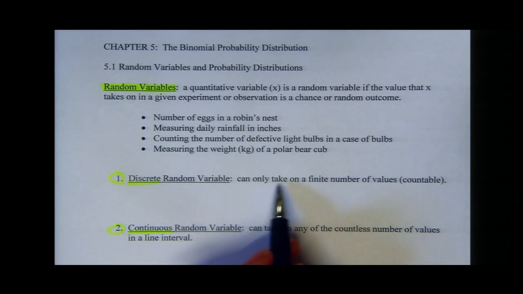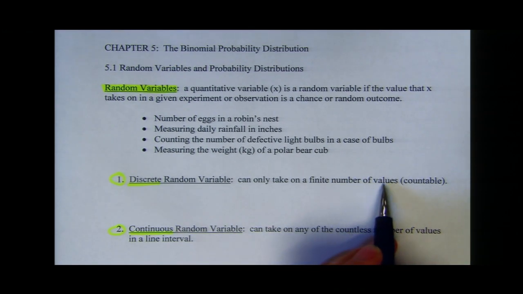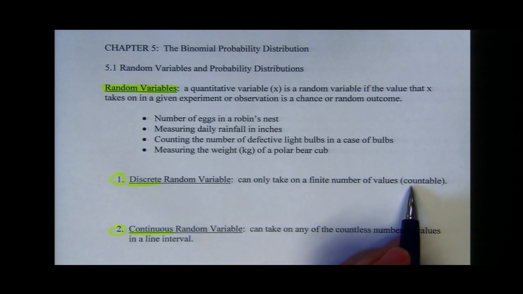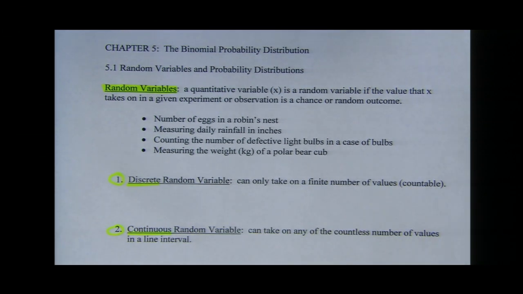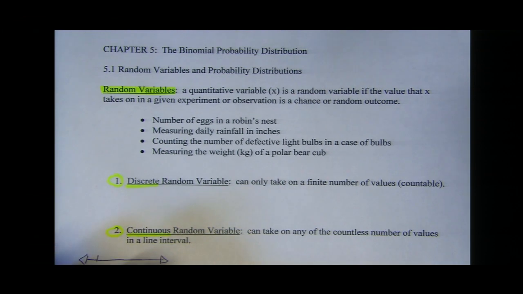Discrete can only take on a finite number of values, meaning it's countable. So how many are there? There are 0 chairs, 1 chair, 2 chairs, 3 chairs. Continuous can take on any uncountable number of values in a line interval. So think of a line interval. If you had 0, 1, 2, 3, countable is only 0, 1, 2, 3.